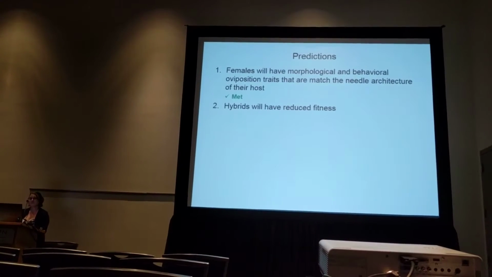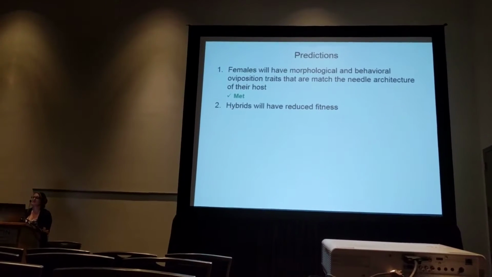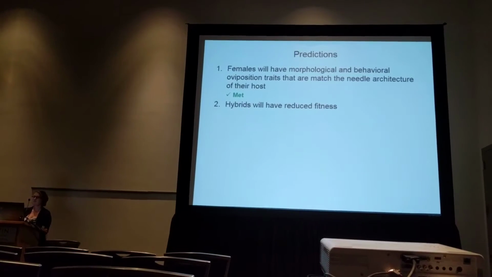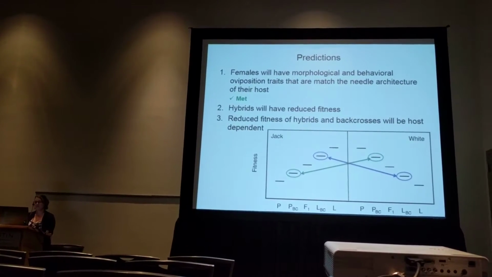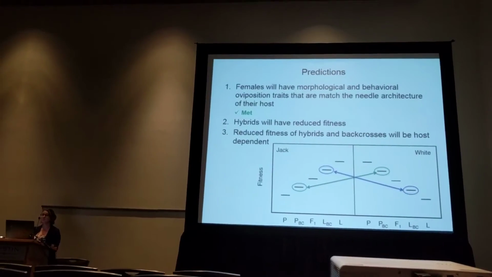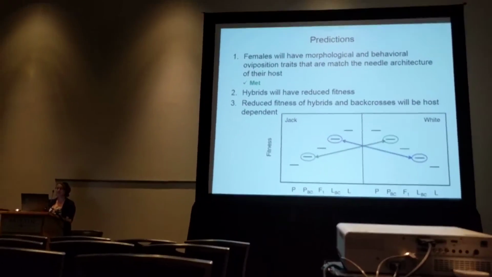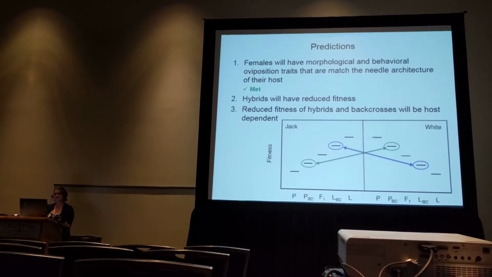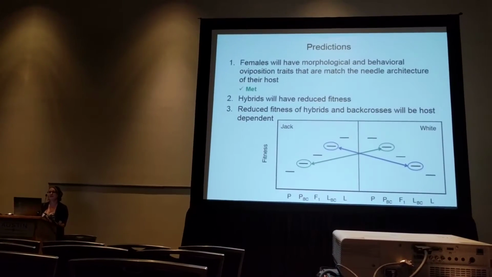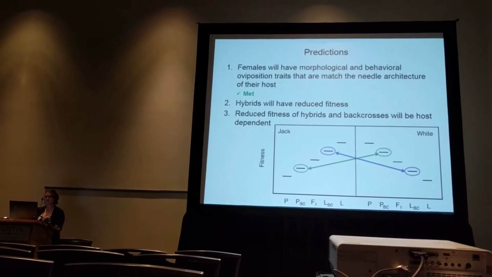Next, if there's extrinsic postzygotic isolation, we expect that hybrids will have reduced fitness, and this reduction in fitness will be host-dependent. As I mentioned earlier, it can be difficult to distinguish intrinsic from extrinsic postzygotic isolation, but one way in which you can do that is through reciprocal transplants of the back crosses.